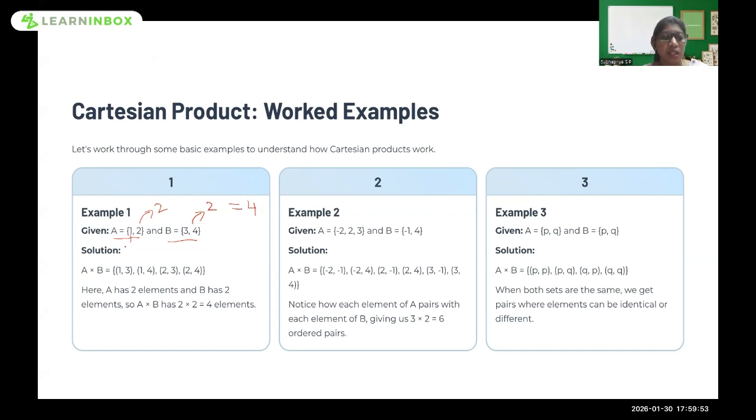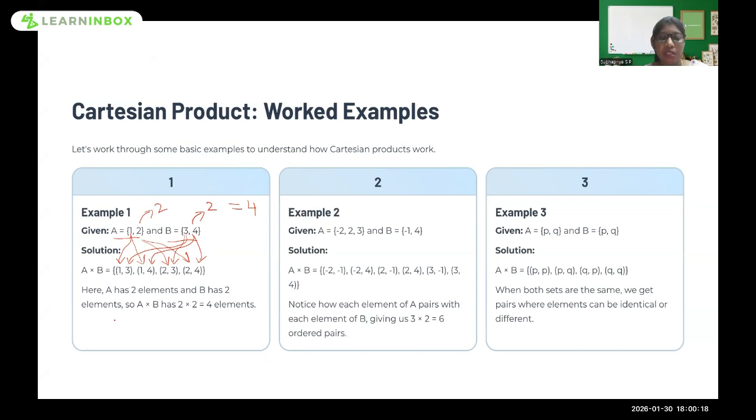First, the first number of A, that is 1. Then the next number, 3. Then the same first number of A with the second number of B. Next goes the second number of A and first number of B, second number of A and second number of B. So always go in the same order.